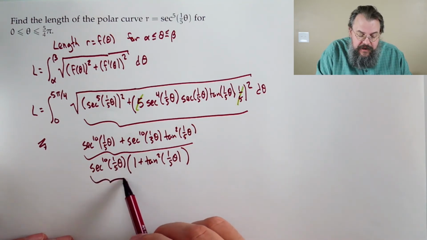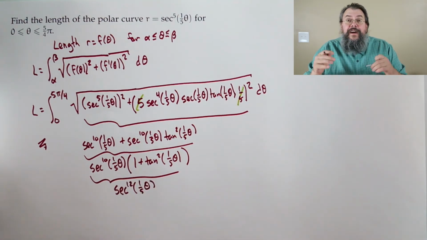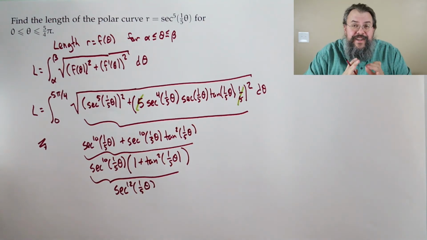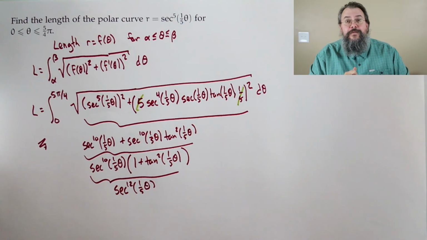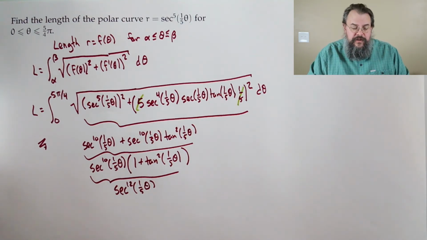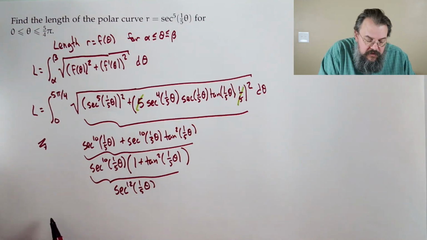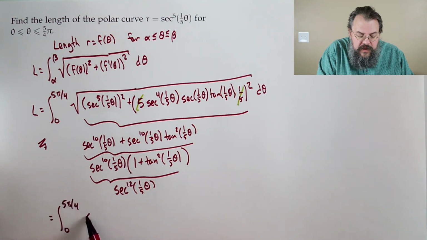With that secant to the 10th, we're now up to secant to the 12th of 1/5 theta. So everything inside the square root collapses down in a really nice way, as nice as we could possibly hope for. Taking the square root of secant to the 12th is a very easy square root to do. So we have the integral from 0 to 5 pi over 4 of secant to the 6th of 1/5 theta.